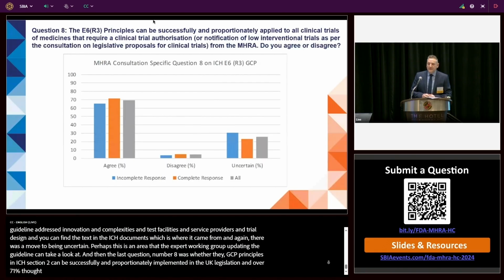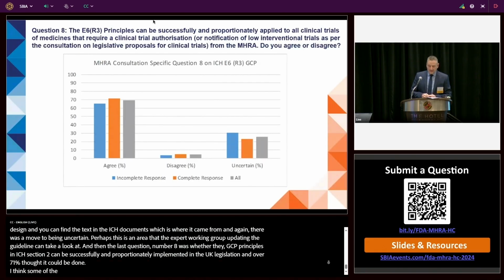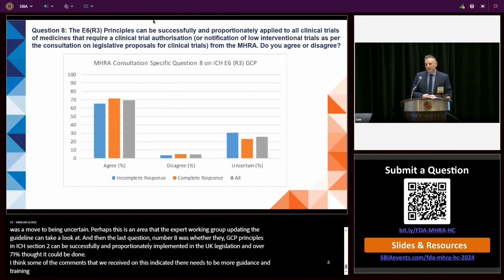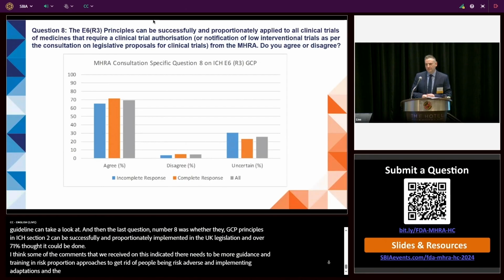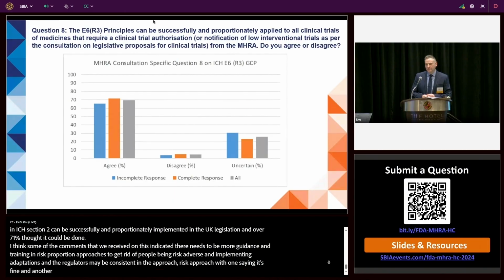I think some of the comments that we received on this indicated that there needs to be some more guidance and training in risk proportionate approaches to get rid of people being risk averse and in implementing adaptations. And I think there's a little bit of a fear that regulators might be inconsistent in how they approach risk proportionate approaches, with one regulator saying that's fine and another one saying not, or even one inspector saying so and another one saying not.